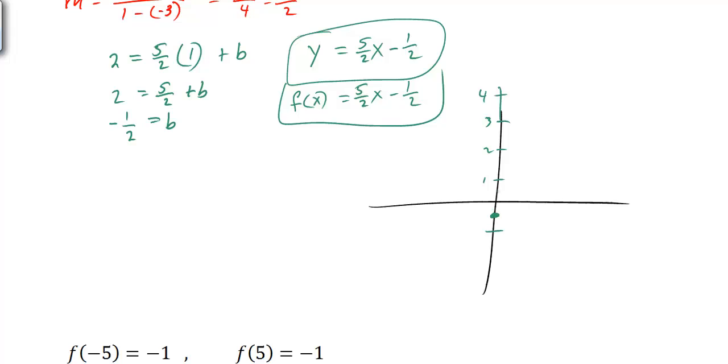So if we count up, it'd be 1, 2, 3, 4, 5, and then we would go over 2, and then our line would look something like this. So that would be the graph of our function 5 halves x minus 1/2. And again, we can kind of verify we did this correctly. Our slope is positive and our line is going up as we go from left to right.